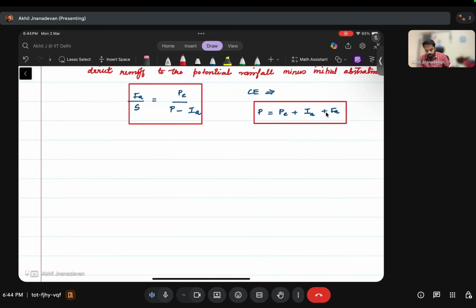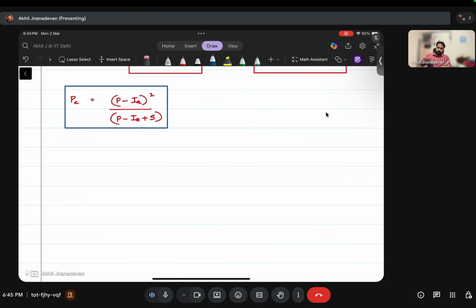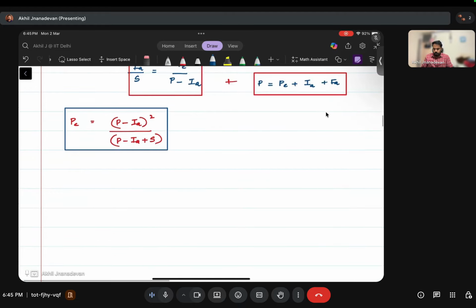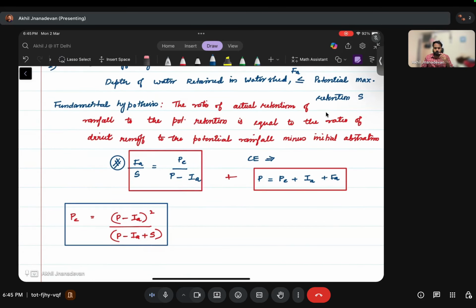If we combine these two, we get an expression for the rainfall excess or direct runoff, equal to P minus IA, the whole square, divided by P minus IA plus S. This is the equation for direct runoff based on the SCS method, by applying the hypothesis which they proved correct and the continuity equation.